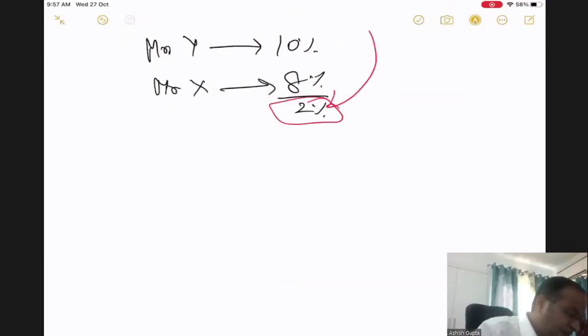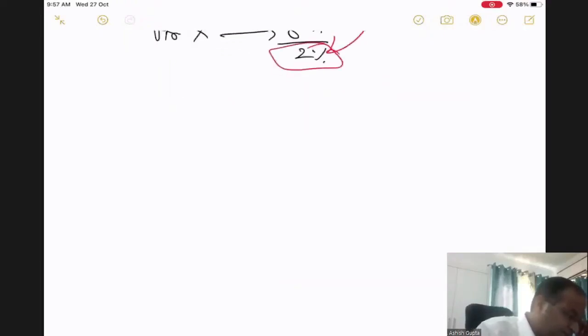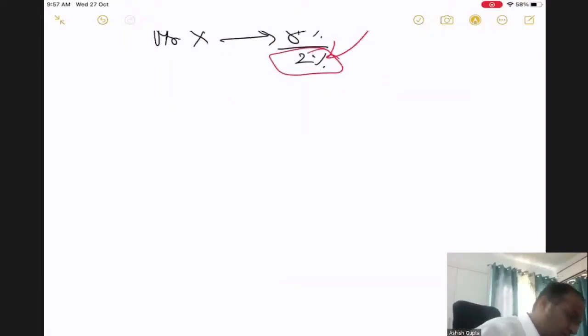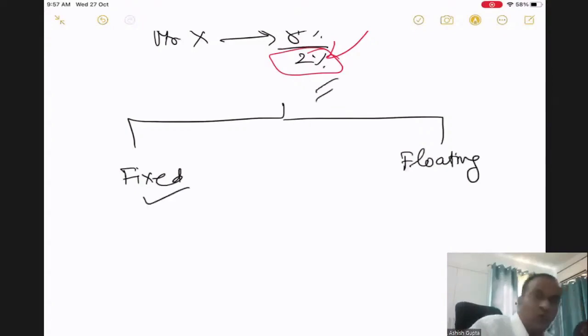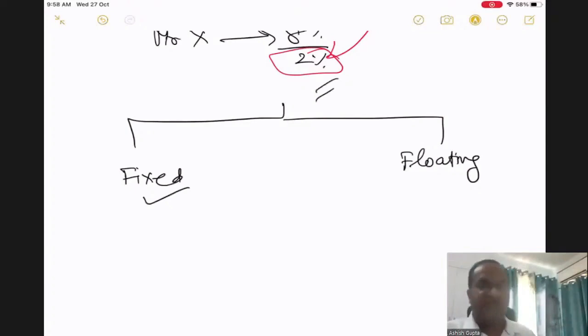Now there is another thing I'm taking up. Interest rate risk happens in both cases. The fixed example I have given to you: you have made some fixed commitment, and of course there is a risk. Now I am coming to the floating.